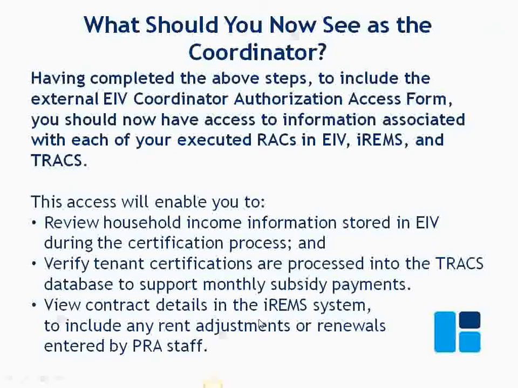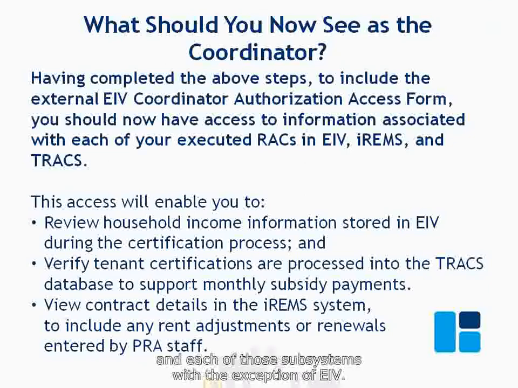Okay. All right, so now that you've completed those steps, you should be able to see everything that's in Secure Systems for those contracts in each of those subsystems, with the exception of EIV. In order to gain access to EIV, you actually have to do what's called a CAF, which is a Coordinator Access Authorization Form.